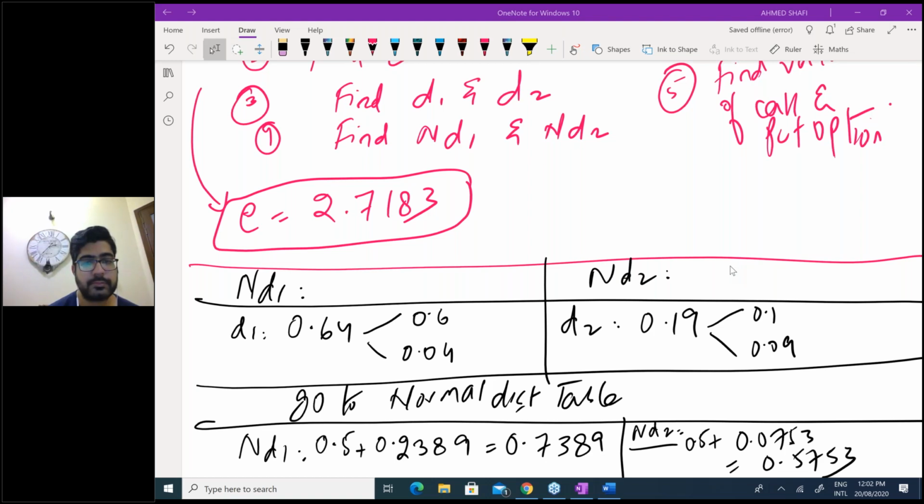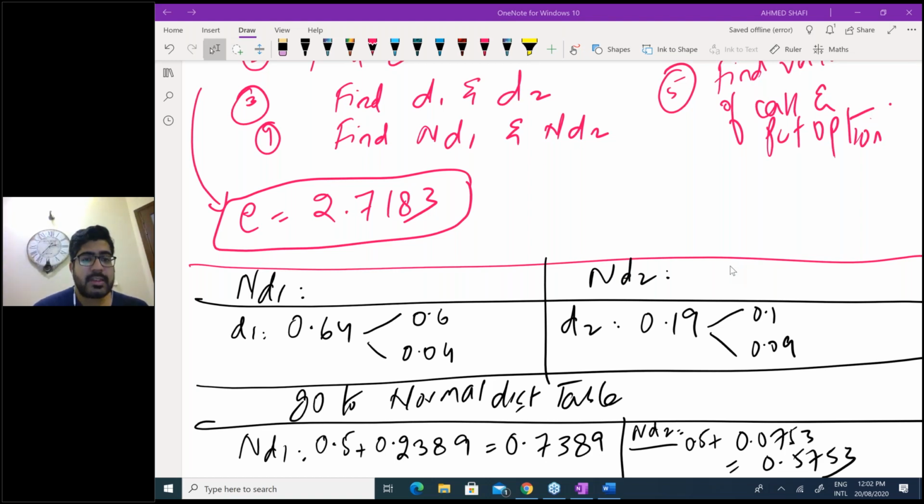Yes, it is possible that one value is positive and one is negative. It doesn't matter. Let's suppose the answer would have been negative 0.19. I would have broken this negative 0.19 into 0.1 and 0.09, and gone to the distribution table to find 0.1, 0.09.